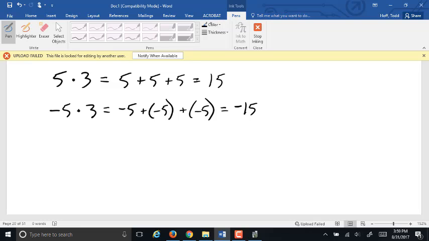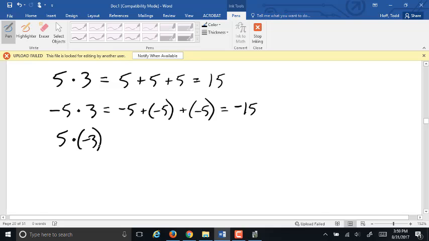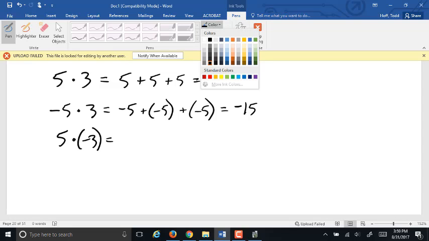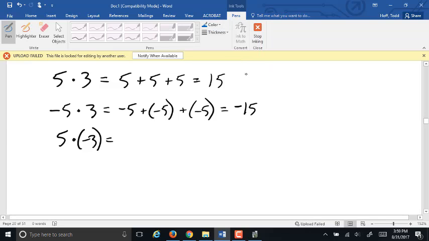Well, a little bit trickier is to think about 5 times a negative 3. And to work with that, we need to take a look at some properties of numbers real quick. For addition and multiplication, those two are what are considered our base operations.